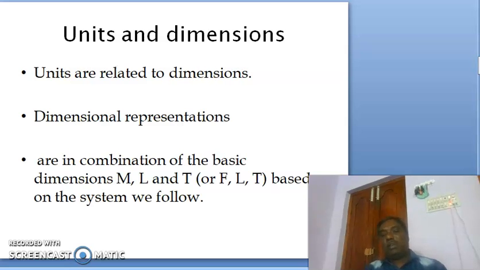Based on the system we follow, we either take M, L and T or F, L and T as the basic dimensions.